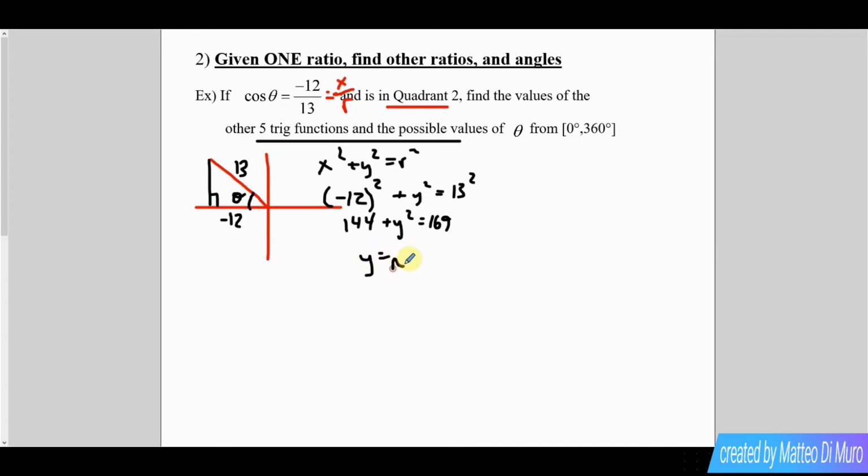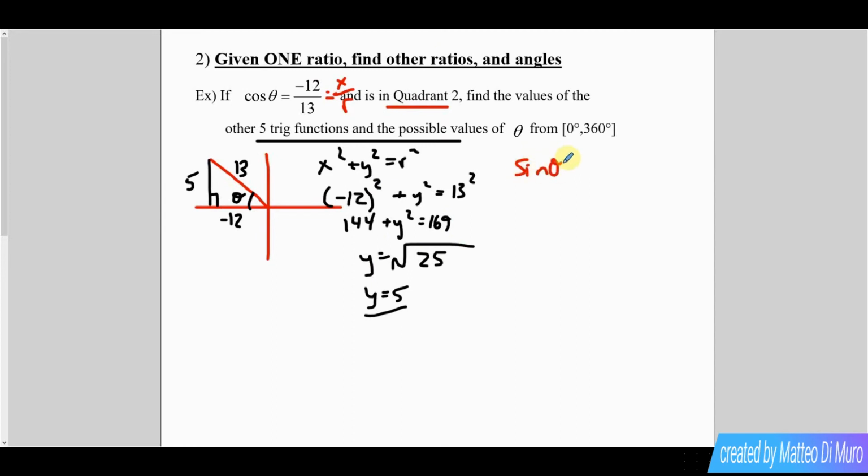You're going to get y equals the square root of 169 minus 144. That gives you the square root of 25. So you get y equals 5. Now if we're in quadrant 2, y should be positive, so we're all good to go. Now we can go ahead and write all the trig ratios.